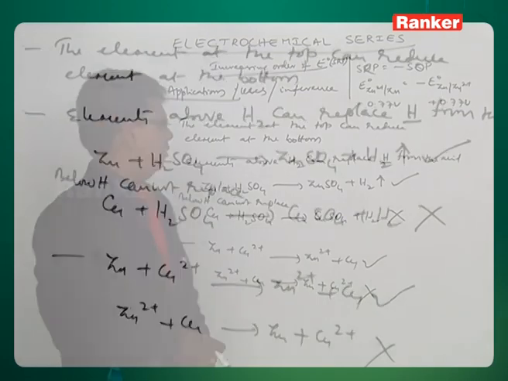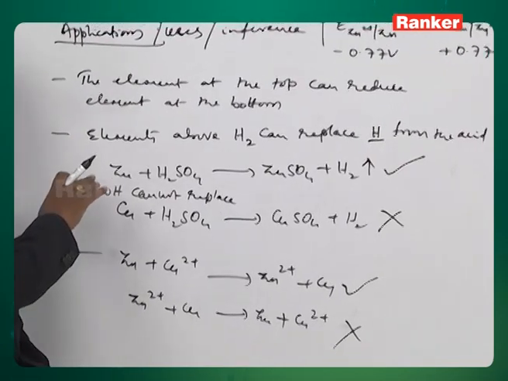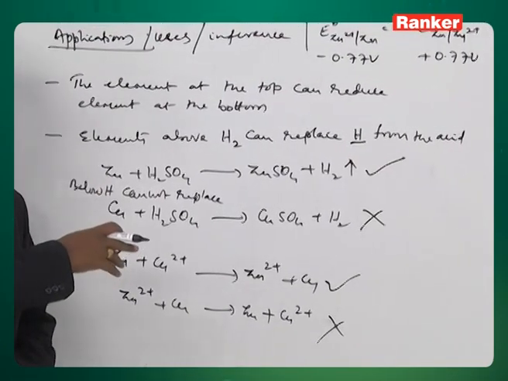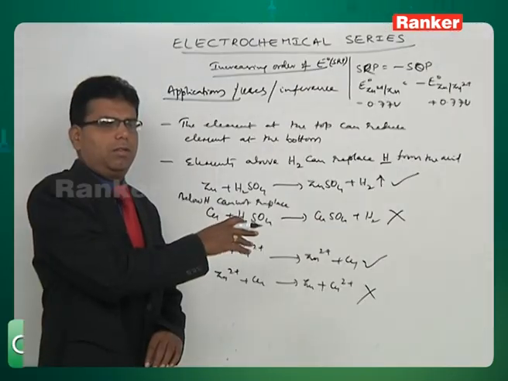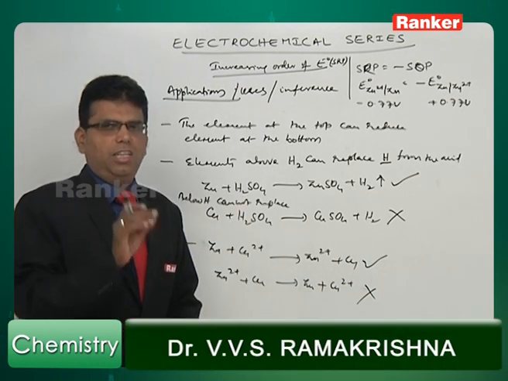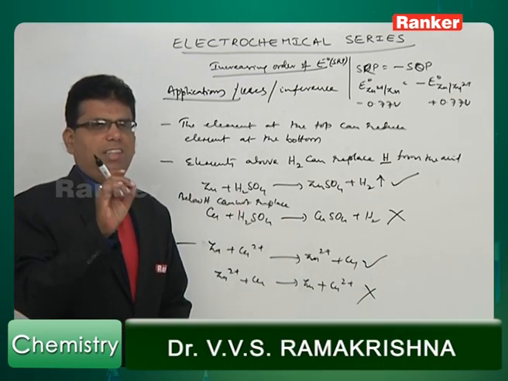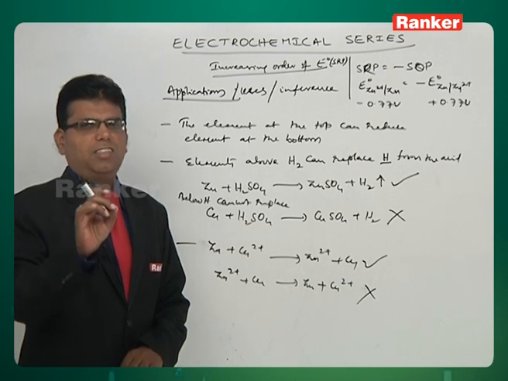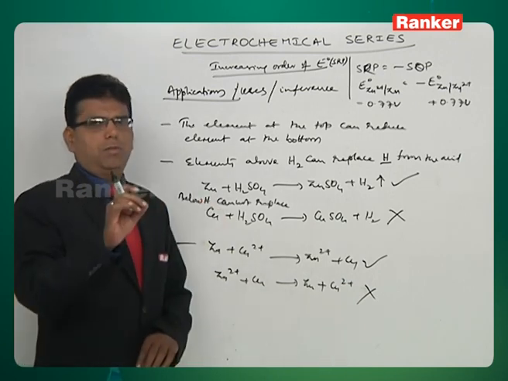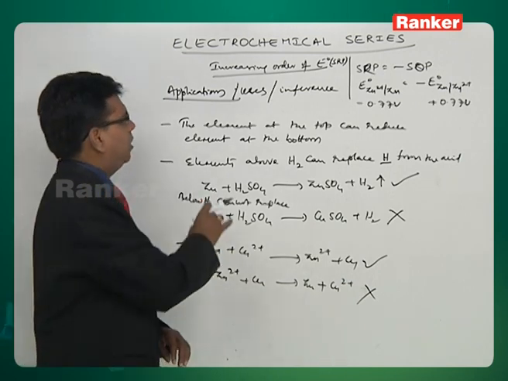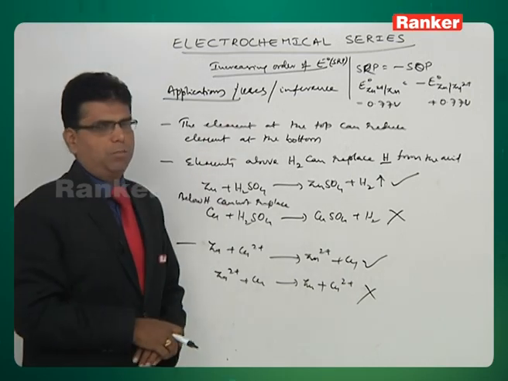This is very helpful in understanding possible redox reactions. E naught values give us a very clear understanding about possible redox reactions. That is a very important application of the electrochemical series.